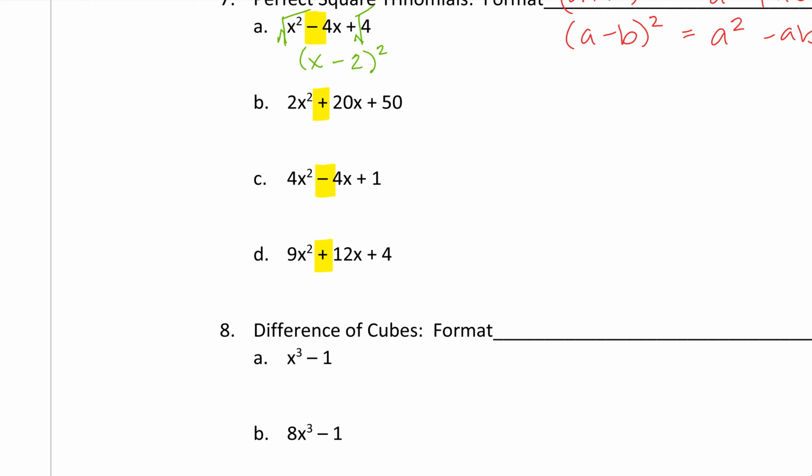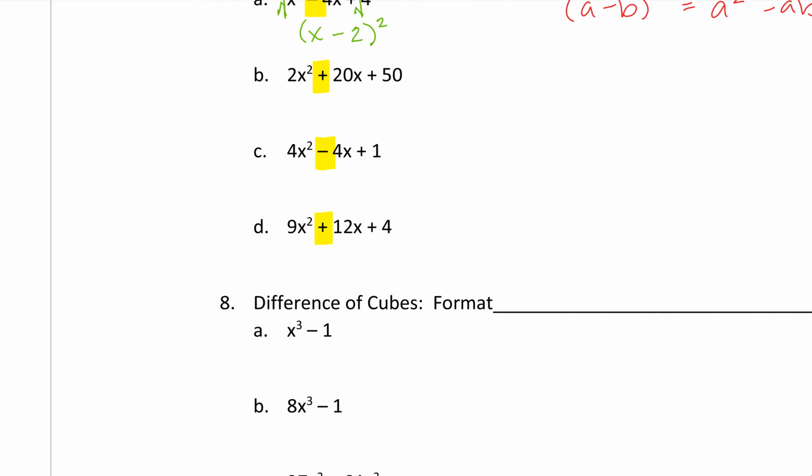All right, B. I have 2x squared, 20x, and 50. What's the very first thing that I always look for? A GCF. So I'm going to pull a 2 out. This leaves me with x squared plus 10x plus 25. Again, I take a look at what's inside my parentheses and ask, can I take the square root of the first and the last?